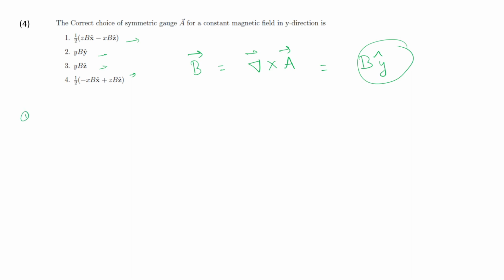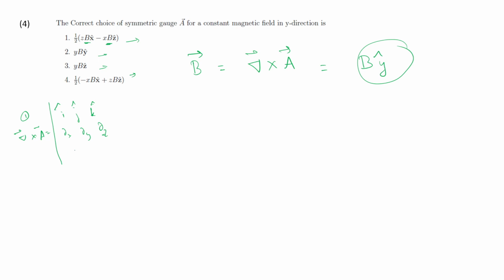For the first one, we want to find the curl of A. The curl of A will be given by the determinant of i cap, j cap, k cap, dou x, dou y, dou z. For the first one, you have one component along the x cap and one component along the z cap.